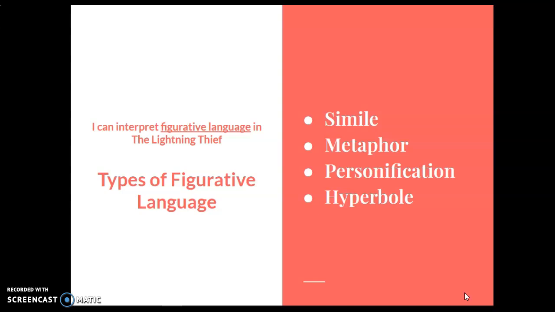Now, you have heard this term before in elementary school, but we are going to go over types of figurative language that will be used not just in this lesson, but also in the unit and the rest of the modules as well. We are going to be reviewing simile, metaphor, personification, and hyperbole.